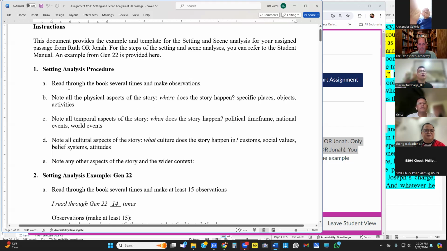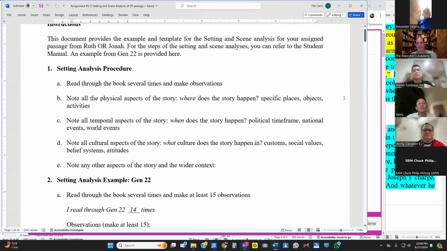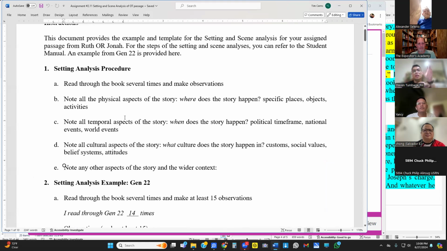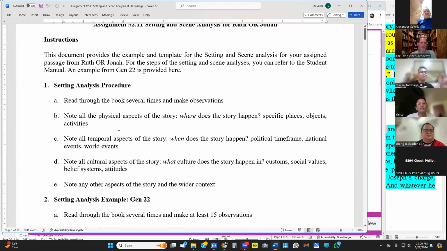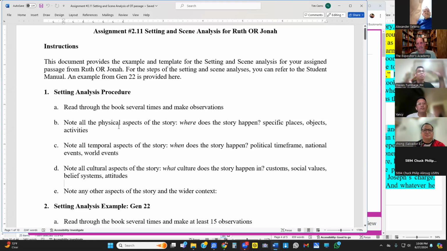So we don't need to do the example scene one and then where and when. I see that also named as setting analysis. So I'm a bit confused because this setting analysis is for the whole book, and then there's also the setting analysis part within the scene. Yes.